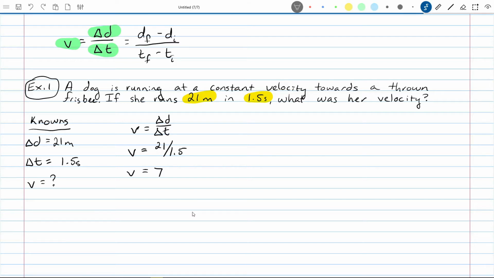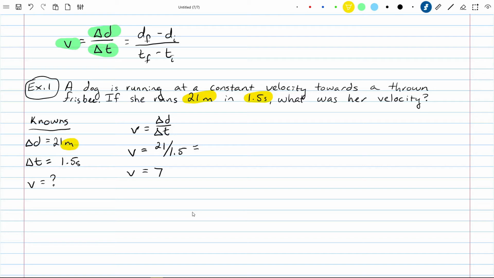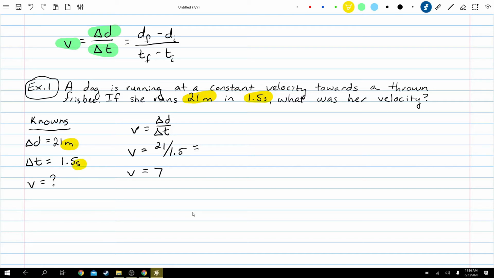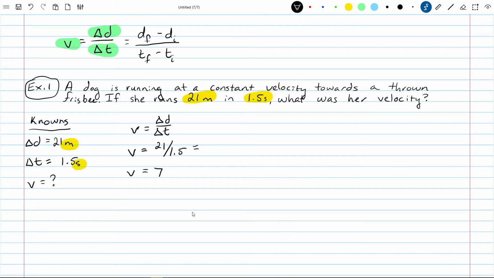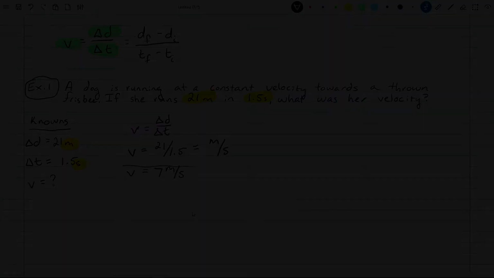If you're ever not sure what your units are supposed to be, you can set it up so that your units take the place of the variables instead of the numbers. Distance was measured in meters, and time was measured in seconds. If I plug in the units, we have meters divided by seconds. So the units of velocity for this case would be meters per second. And that's your final answer.